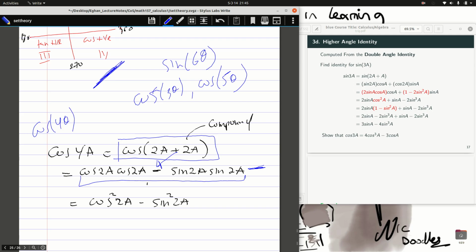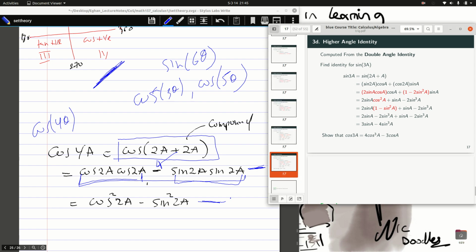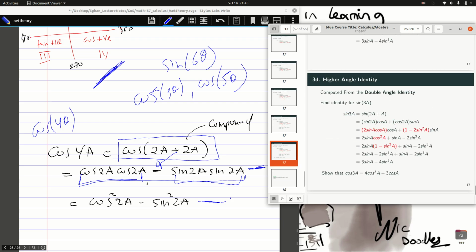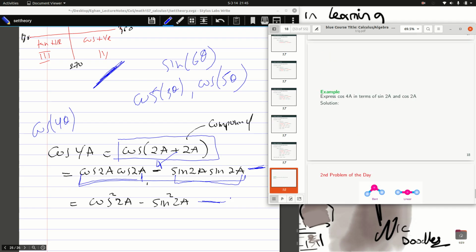Minus. This is the same, this is the same, so I can have a square of it. Now which identity would you use here? That is up to you to figure them out. So that is the essence of the higher angle identities. So you can prove for sine 3a, you can also prove for cos 4a in terms of that.